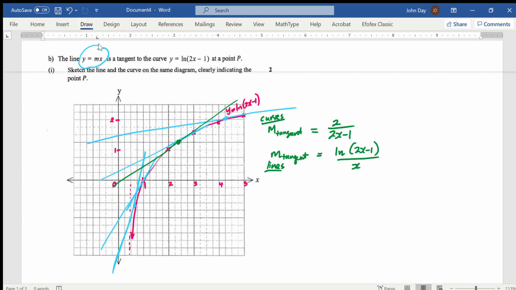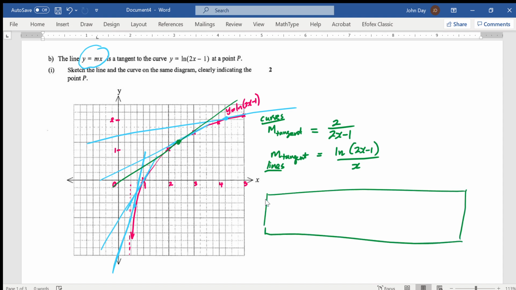So if I make a table, over here I'm going to have some x values, and this will be the gradient from the curve's point of view, and this will be the gradient from the line's point of view.